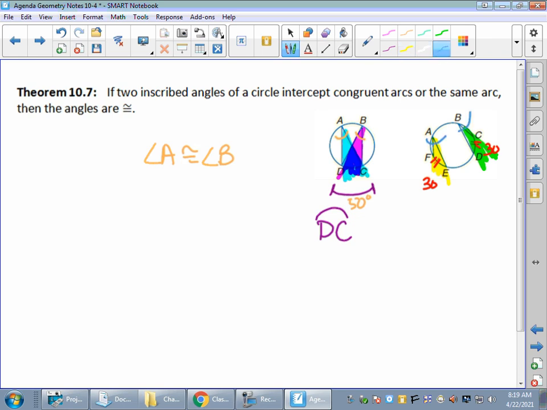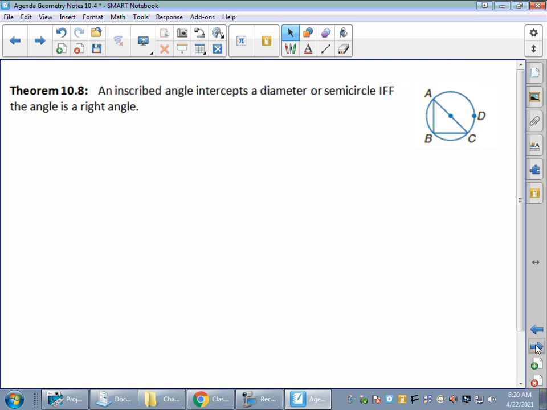Because they'd both be 15. So angle A is congruent to angle B. So if the arcs are congruent or the arc is the same arc like DC. All right, so that's a sneaky problem. It's going to be just seeing that you can find those things.